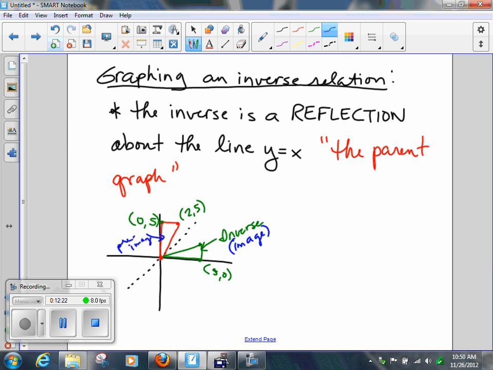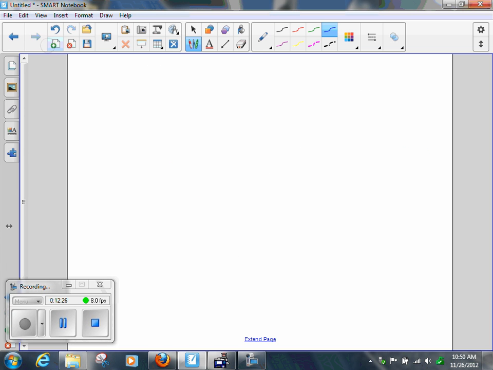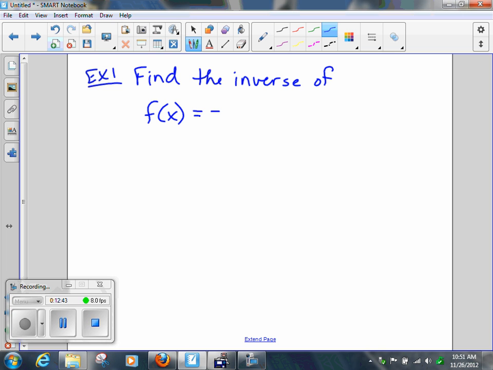Now that's just showing you what it's going to do. So let's take an equation, folks. Does everybody have that? Let's take an equation. Let's look at finding the inverse of f of x is equal to negative 1/2 x plus 1.